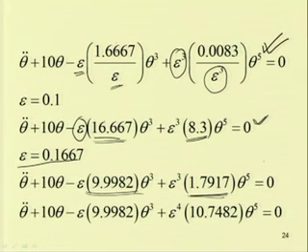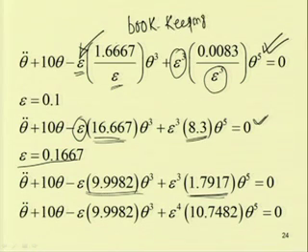In this way, by using this epsilon parameter, which is known as a bookkeeping parameter, a small number that is always very much less than 1, we can order the equation of motion.